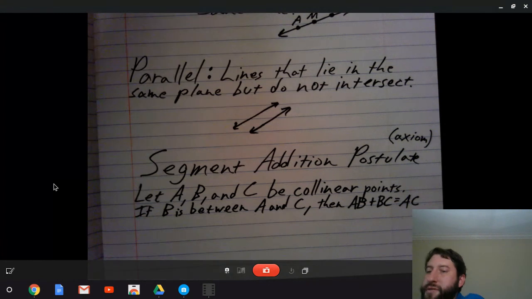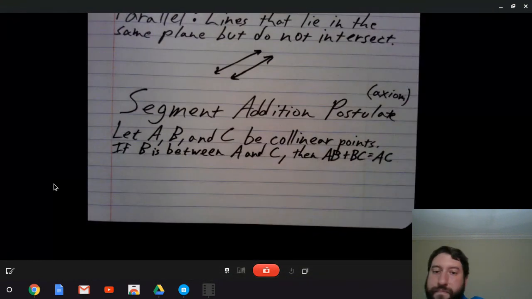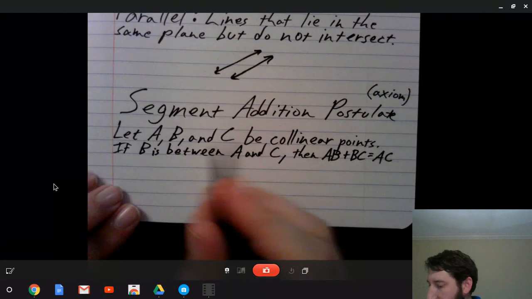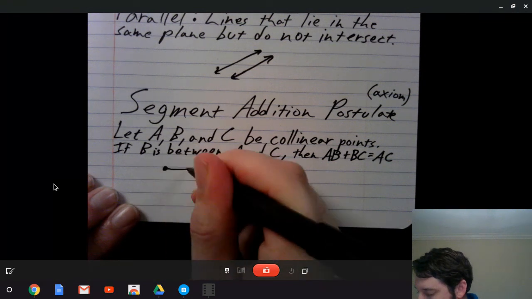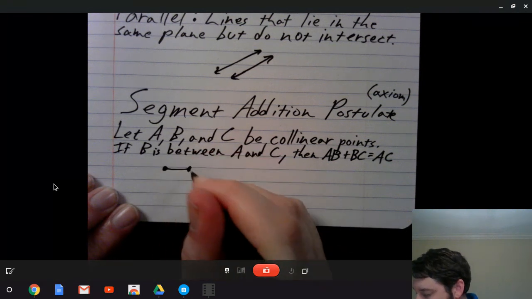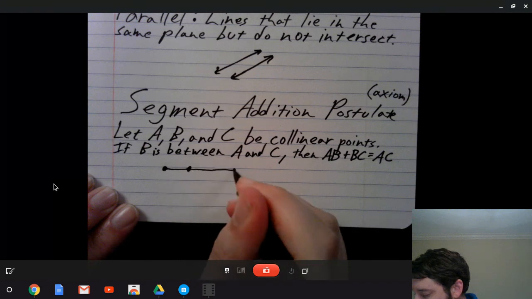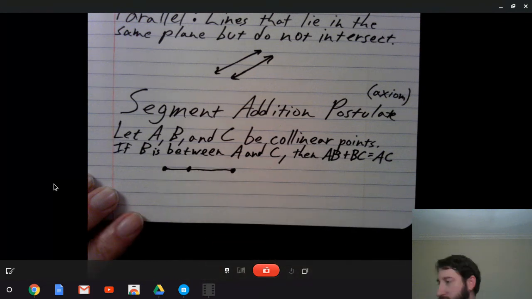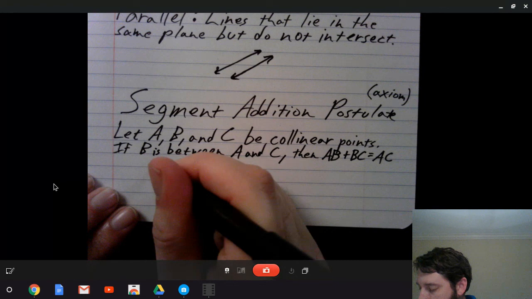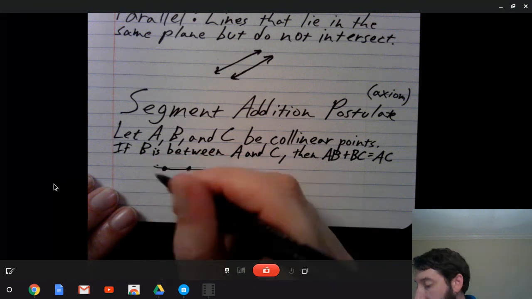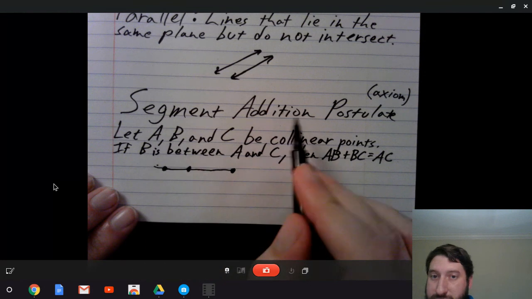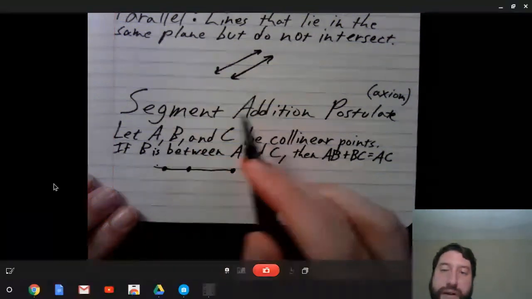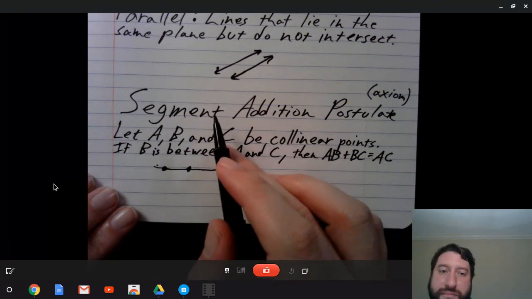So as a picture, let me show you what this looks like. We'd have, let me draw a line with 3 collinear points. Actually, we want a line segment, don't we? So let's make it a line segment, because it's segment addition postulate. Not line addition postulate, but segment addition.